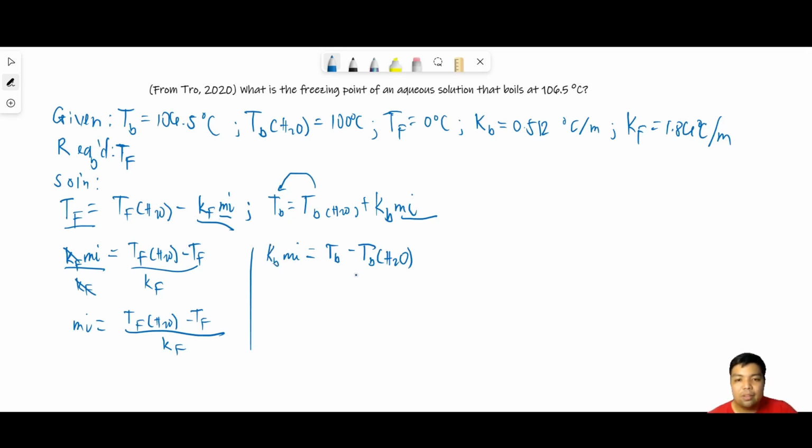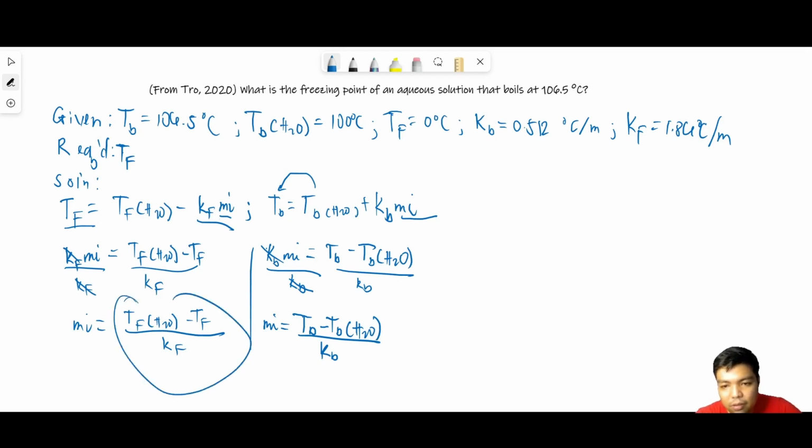Okay? So what's next here is that just like here, you divide both sides of the equation by KB, para ma-cancel si KB. So ang final equation mo is Mi is equals to TB minus TB of your water divided by KB. Okay? So you substitute this equation on the left to this expression on the right.